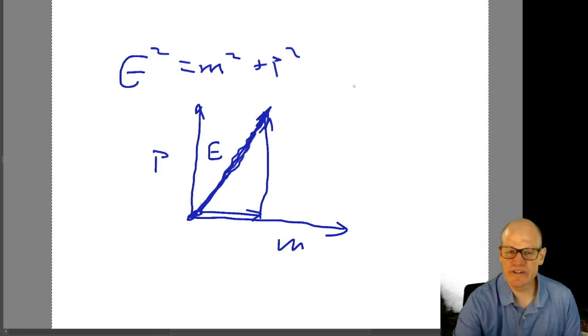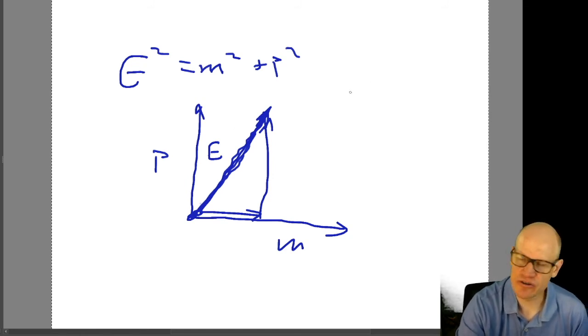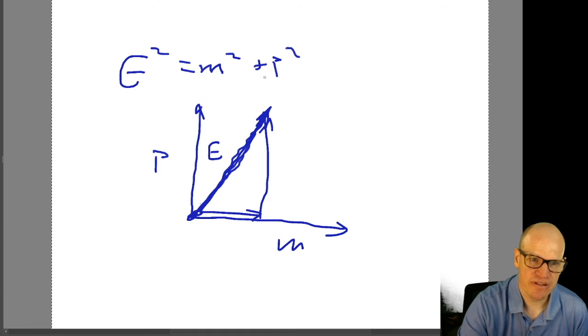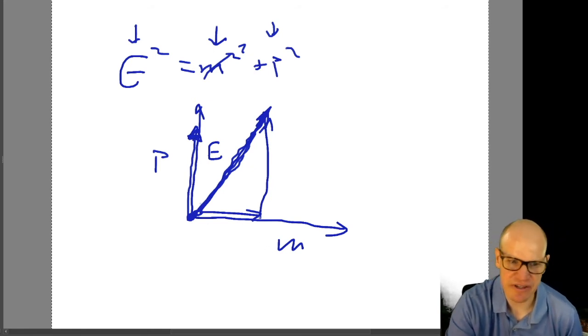So that's weird. That actually tells you a few things. One is it tells you how to calculate the energy of a photon. A photon has no mass, so this goes to 0, and the energy of the photon is the momentum of the photon. So when I go to the point where there's 0 mass, and I just look at the momentum of the photon, something traveling at the speed of light has to have no mass, otherwise it can't travel at the speed of light.